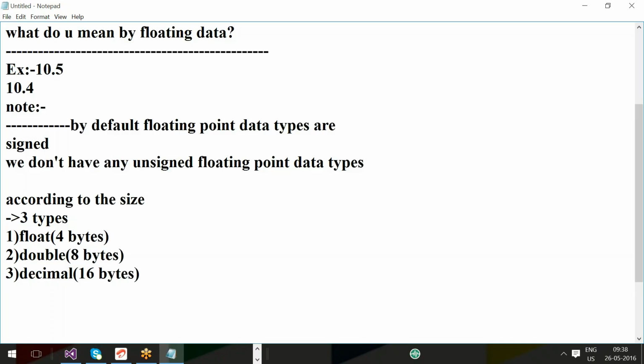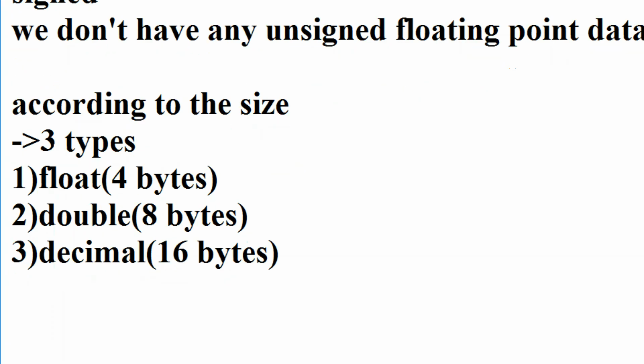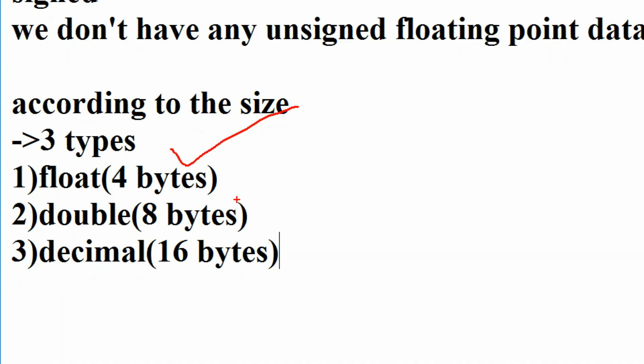So what is the lowest size data type here? Float. Medium is double. The biggest data type in floating is decimal. Whenever you have a small amount of floating data, go with float.